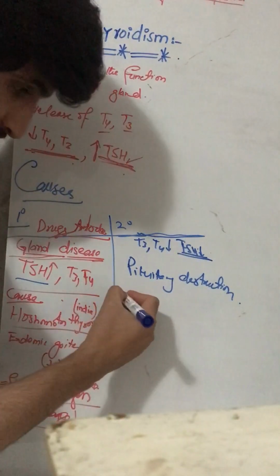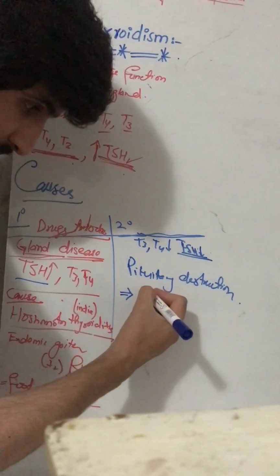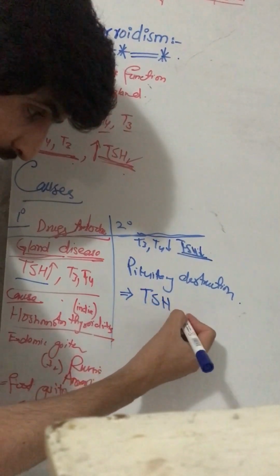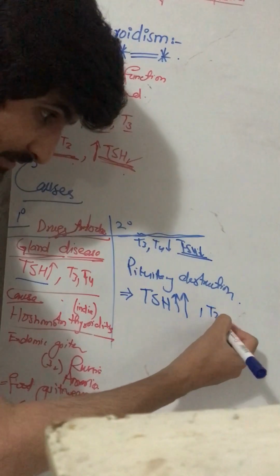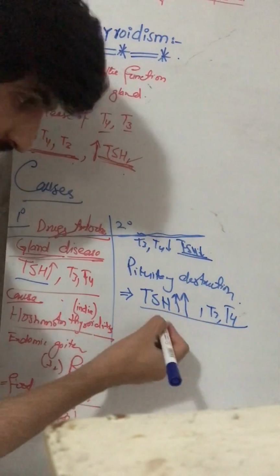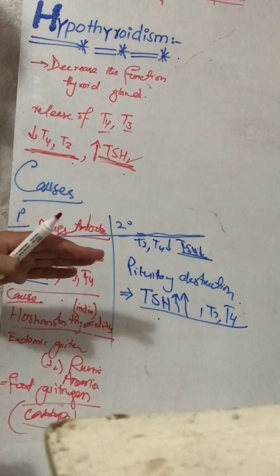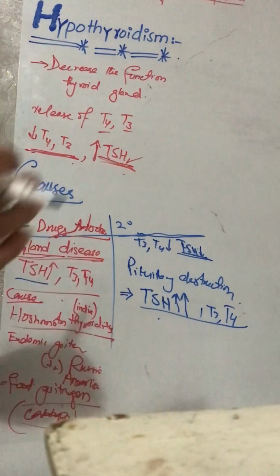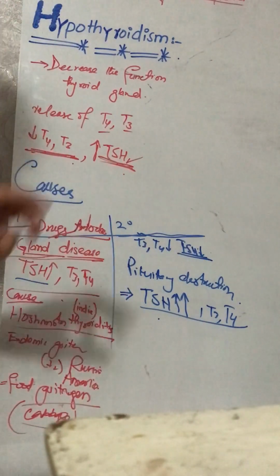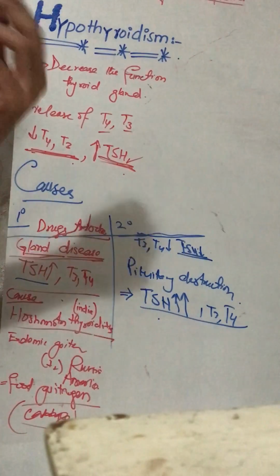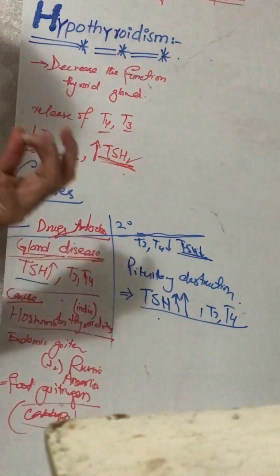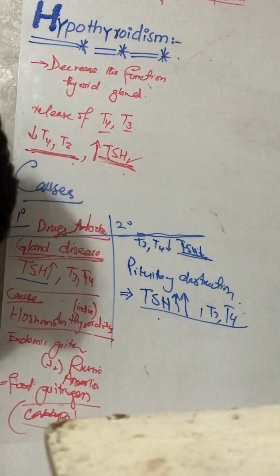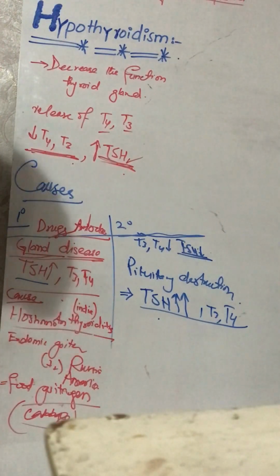In some conditions, we have excess TSH, increased TSH, and decreased T3 T4. That is also a condition, but this TSH will be in inactive form, meaning that there will be a lot of TSH in the blood, but it will not bind to the receptors, and it cannot stimulate the thyroid gland to secrete T3 and T4.